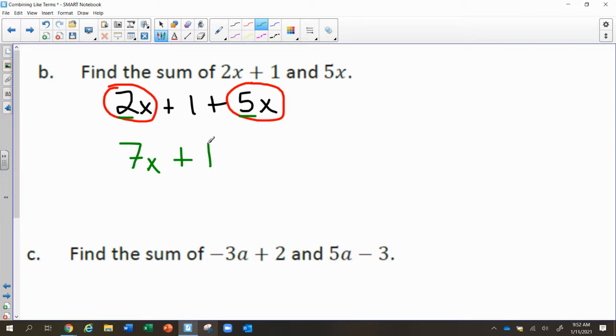In fact, this one doesn't have a variable at all. Right? So it's like I have 7 apples plus 1 something. Right? I can't combine that and say I have 8 apples. So I have to be okay with this as my answer. So I have 2 terms, and that is a perfectly acceptable answer. It does not need to be simplified anymore.